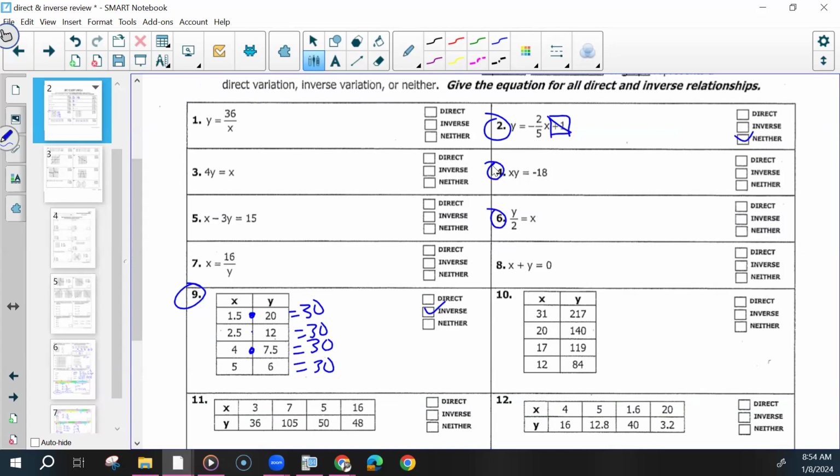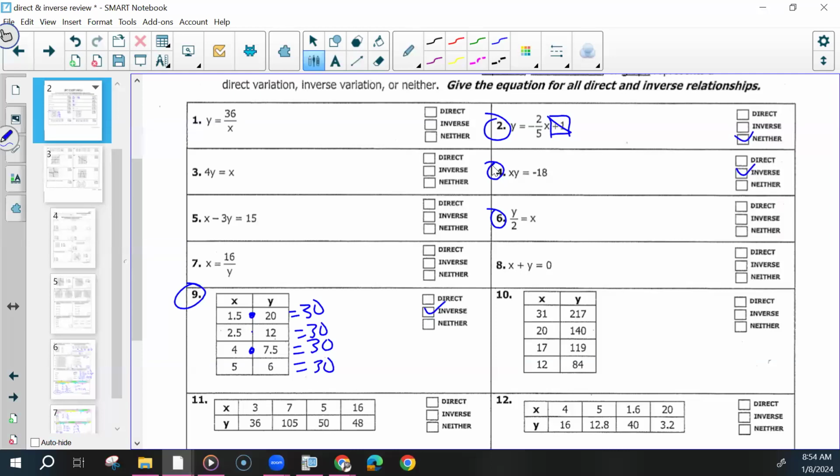Okay, it's not direct or inverse in the format of the equation. Is this how we find k for one of them? Yes, which one? Inverse. So if you know that by looking at it, you don't have to do any work.